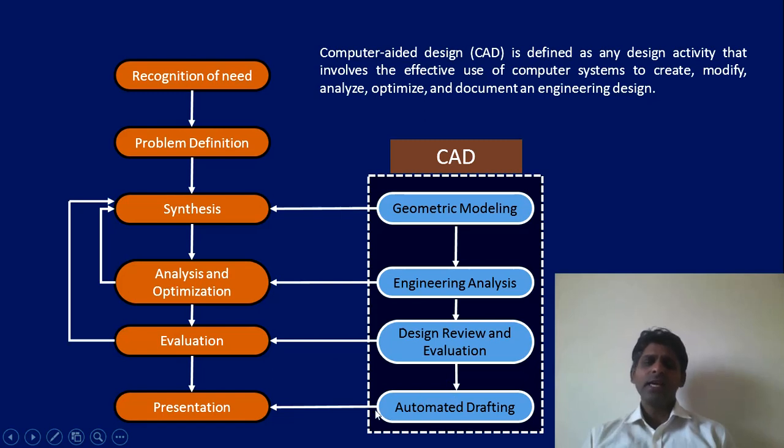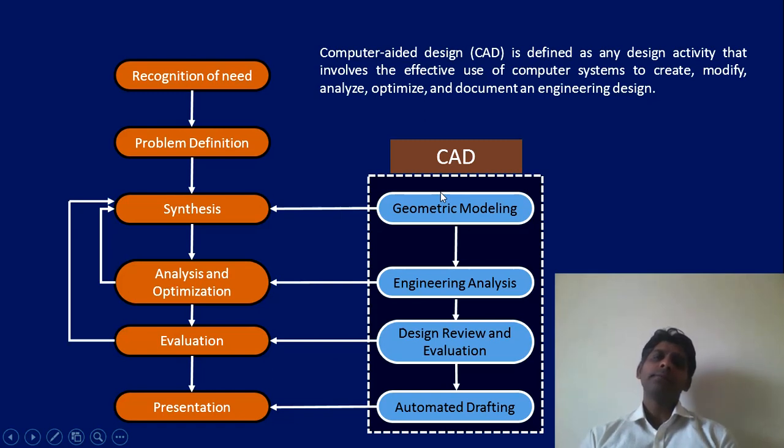And finally, we have to do drafting, which will be done by using computers. That is why it is automated drafting. So all of this comprises CAD, and you can see that there are connections. That is a synthesis of geometric model and analysis, and analysis and evaluation of the design. It is done by using computers and various softwares.